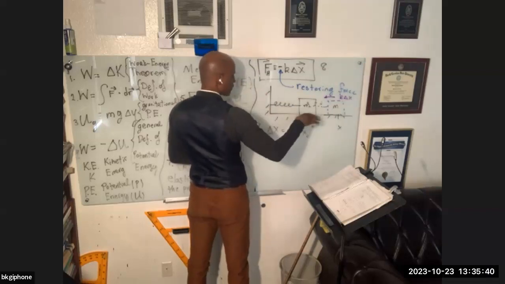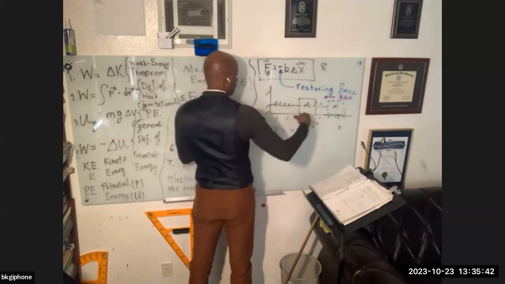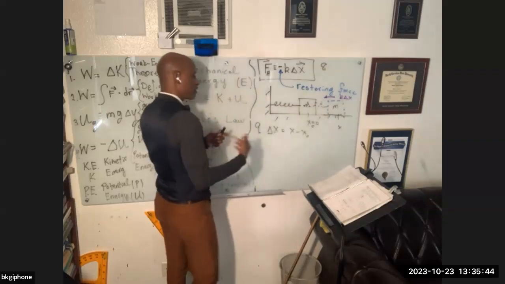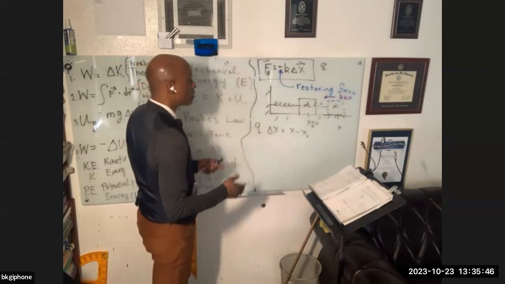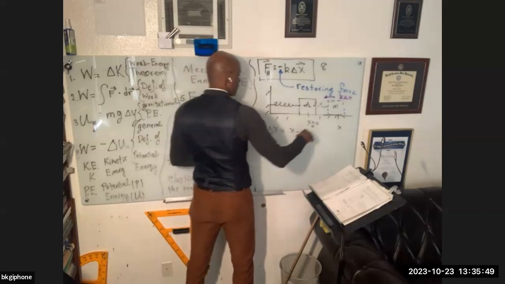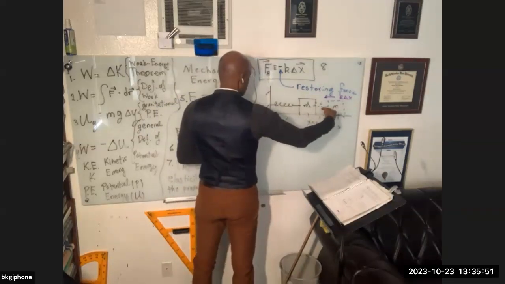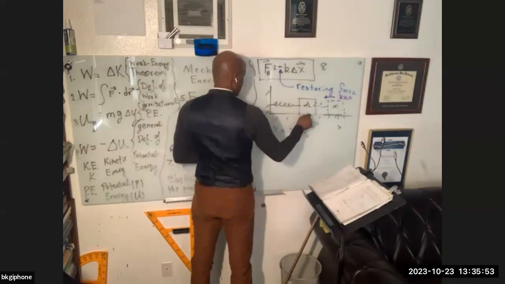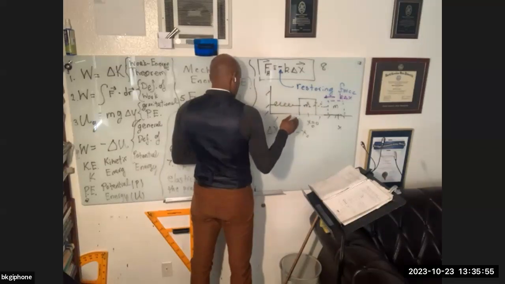We're assuming this is a frictionless surface, so once I do work and pull this object out, that energy will stay in the system forever because there's nothing to dissipate it. As I said, acceleration decreases, velocity increases. At the equilibrium position, velocity is a maximum, acceleration is a minimum at zero.